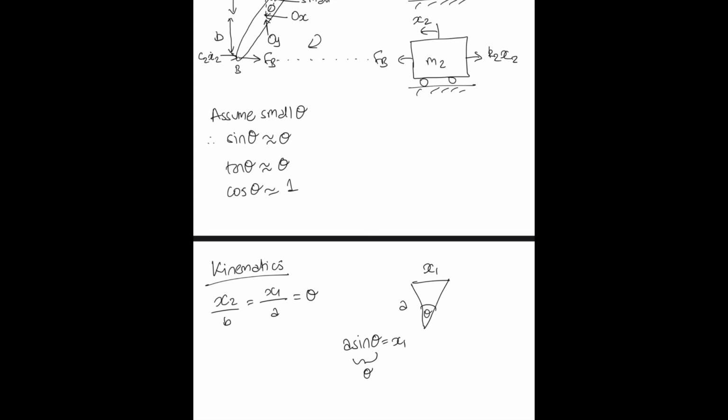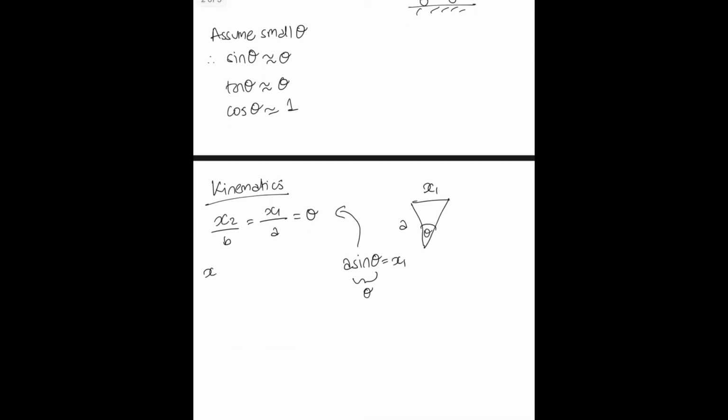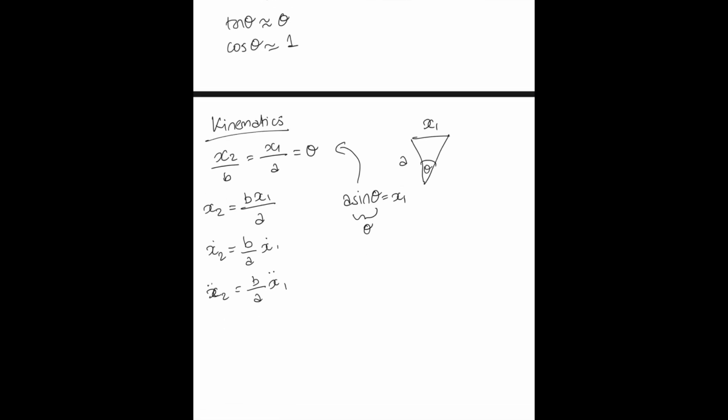So if you rearrange our equations, we get that x2 is equal to b x1 over a, x dot 2 is b over a x dot 1, and x double dot 2 is equal to b over a x double dot 1. X double dot 1 is equal to a theta double dot.